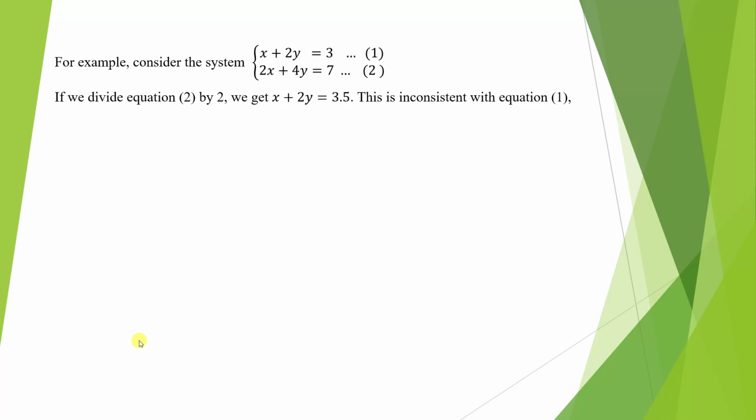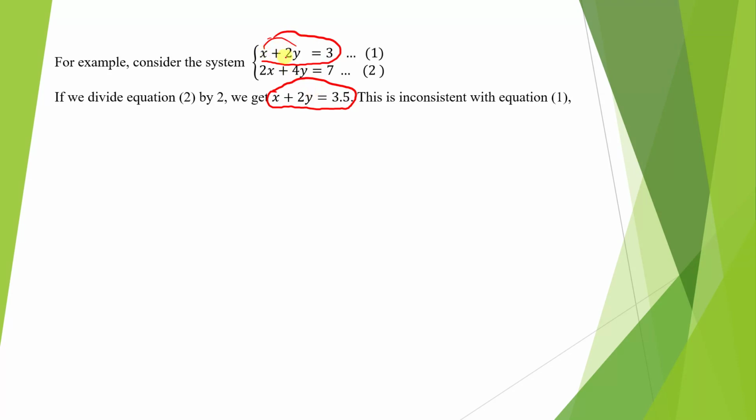This is inconsistent with equation 1, because equation 1 is x plus 2y equal to 3, but equation 2 gives x plus 2y equal to 3.5. They do not satisfy each other.